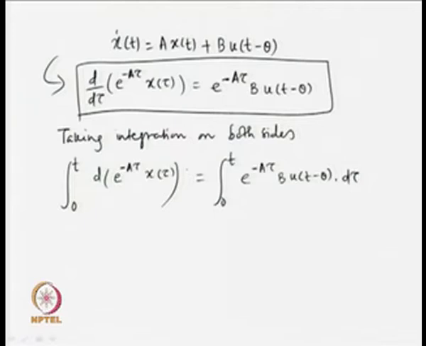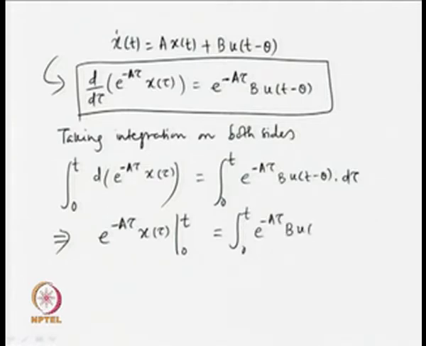So, when the integral is taken, then what we get? In the left hand side, we get e to the power minus a tau x tau with limits 0 to t is equal to integration from 0 to t e to the power minus a tau b u t minus theta d tau.